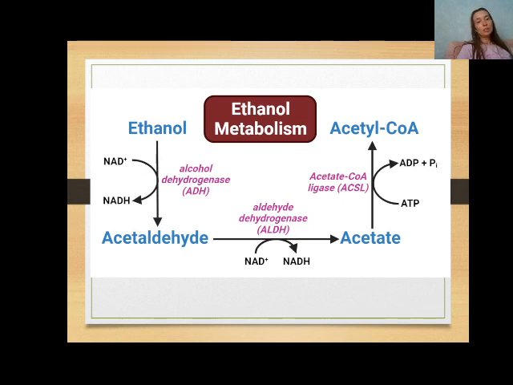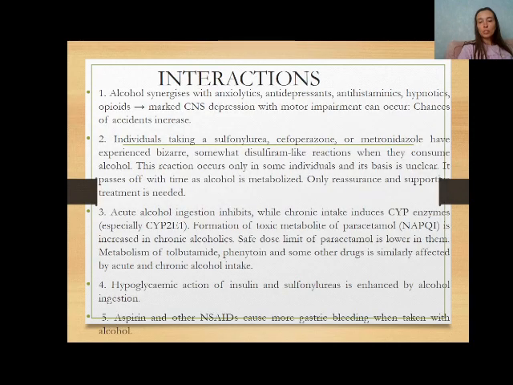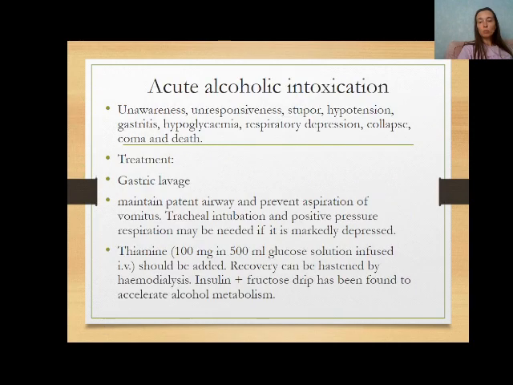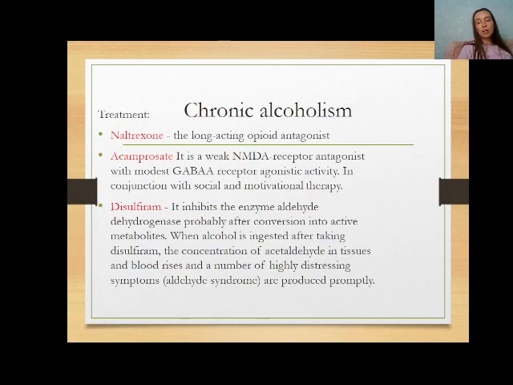Acetaldehyde causes very bad conditions for the patient, like tachycardia, increased blood pressure, high temperature, nausea, and vomiting. After this, the patient doesn't want to take alcohol again. So that is the treatment with disulfiram.